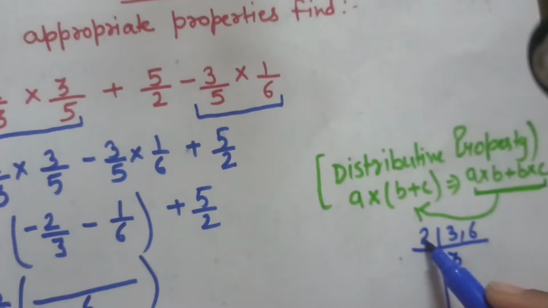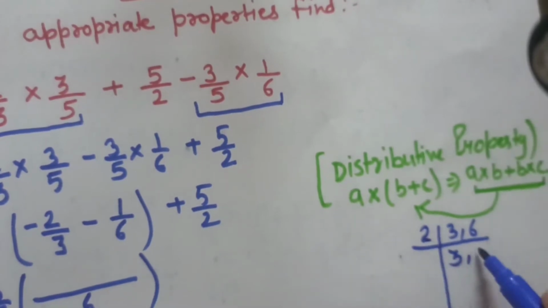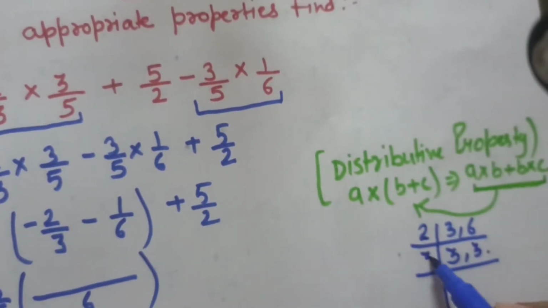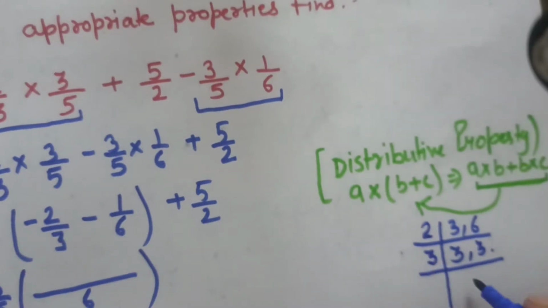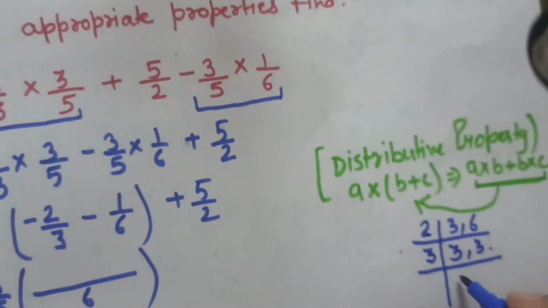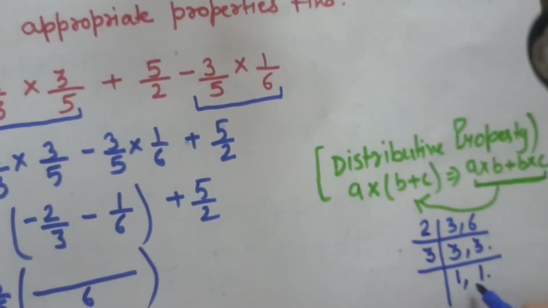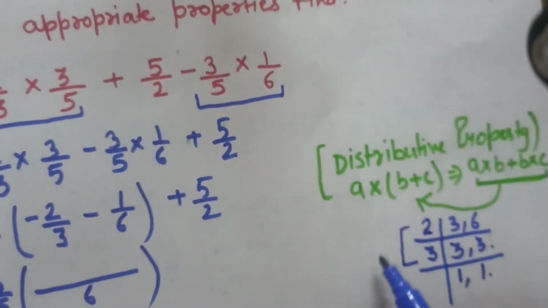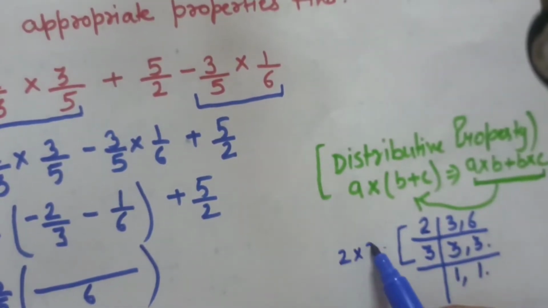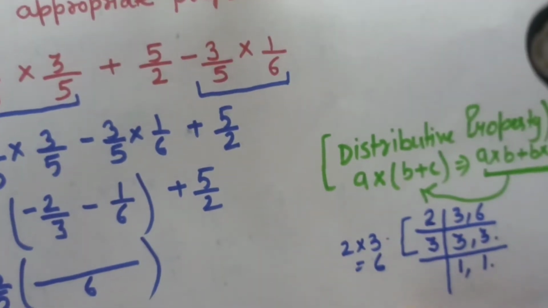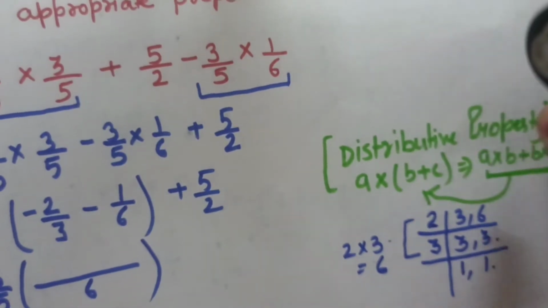And 6, when we divide 6 with 2, we'll get 3. Now 3 and 3 are both not divisible by 2, so we'll divide with 3 because 3 is also a prime number. When we divide 3 with 3, we'll get 1 and 1. So the LCM of these numbers will be 2 multiply 3, that is 6. I hope you understand how we take the LCM of any two numbers or any three numbers.